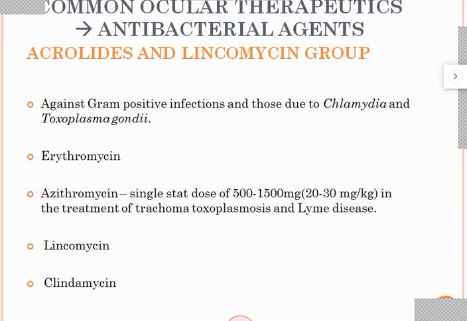Azithromycin nowadays is mainly used to treat meibomitis, the meibomian gland infections. It can be given orally as a single stat dose of 500 to 1500 milligrams in the treatment of trachoma, toxoplasmosis, and Lyme disease. And the other drugs are lincomycin and clindamycin.